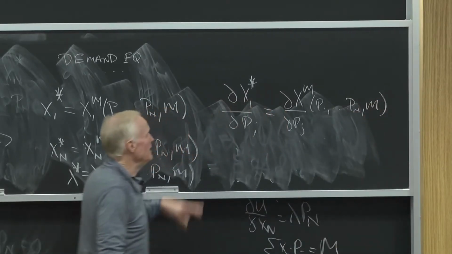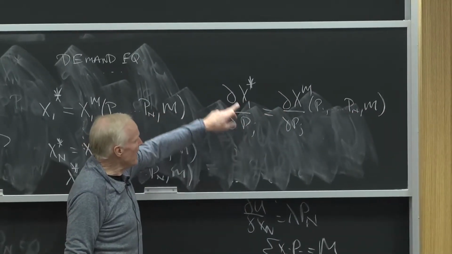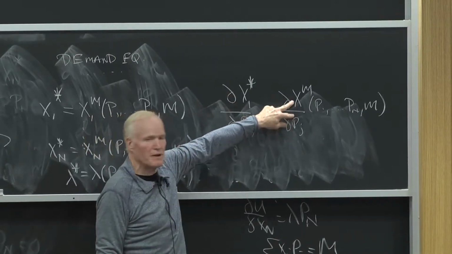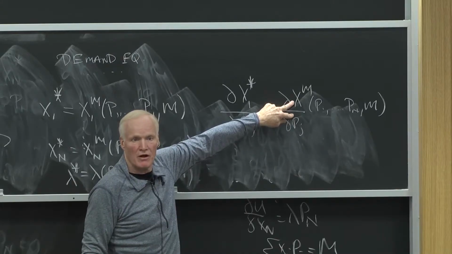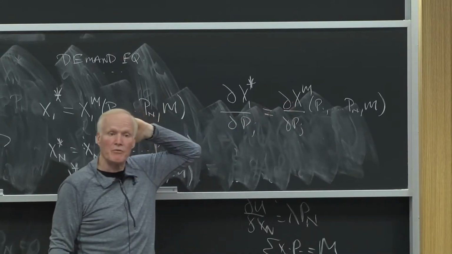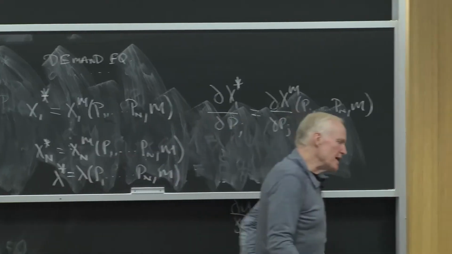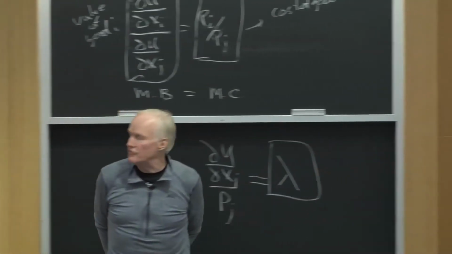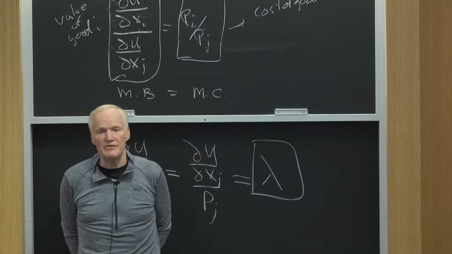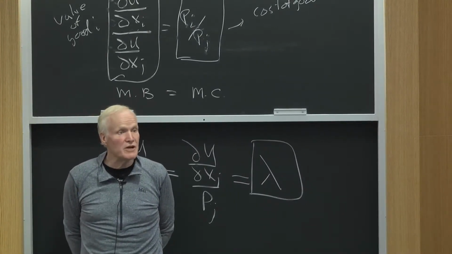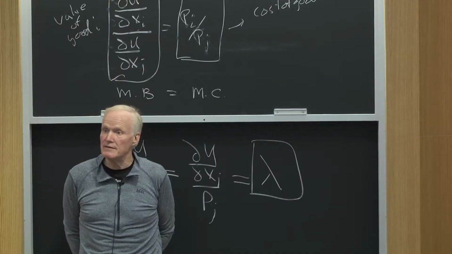So this tells me, as I change the price of good J, what will happen to the equilibrium consumption of good 1? Well, that's measured by the partial derivative of this Marshallian demand equation. Now, what am I assuming about all the other goods in the Marshallian system? Am I holding the consumption of those other goods constant?